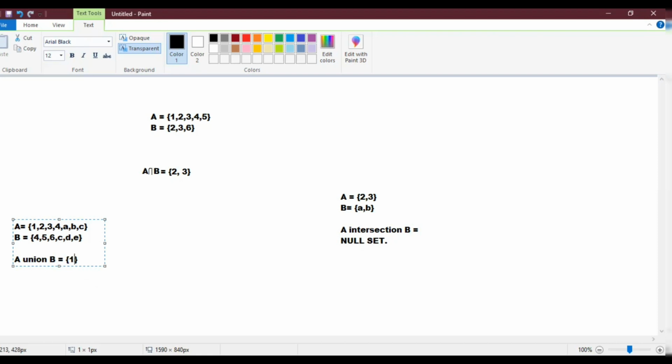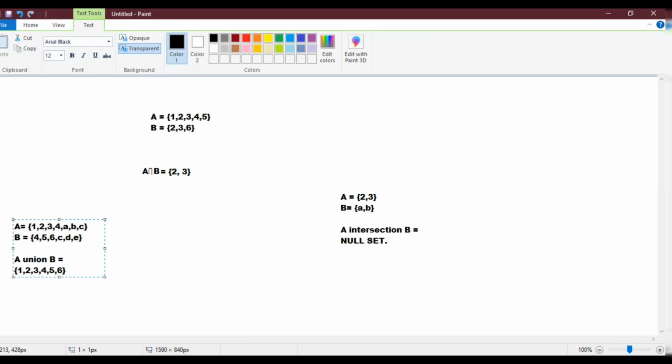Okay, so 1, 2, 3, and 4. Here you can see that in A there is 4 and in B there is also 4, so you write it only one time. Now 5 is present in B but not in A, so you write it down. 6 is present in B but not in A, so we write it down.